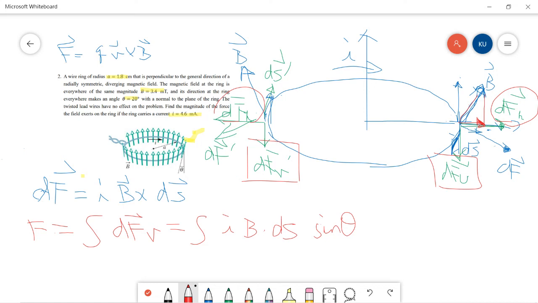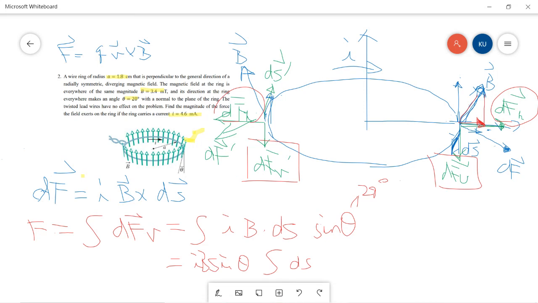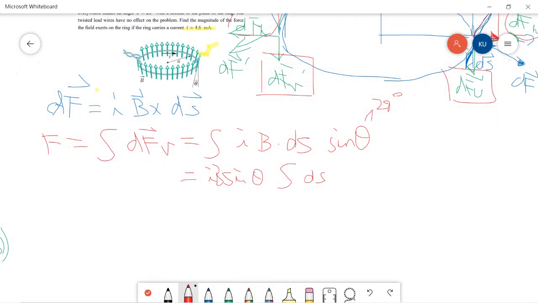So theta should equal 20 degrees. In this case, I is a constant, sine theta is a constant, and B is also a constant. So we just factor them out, and we have an integration like this. For this integration, it is nothing but 2 pi a.